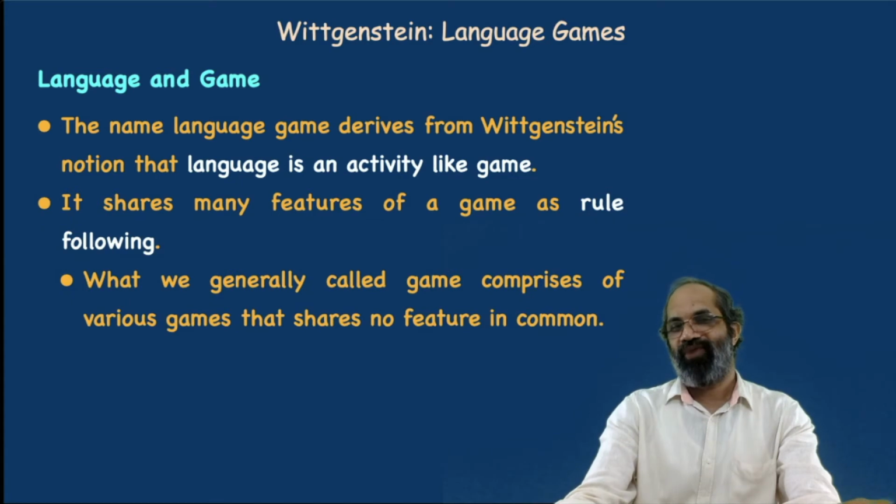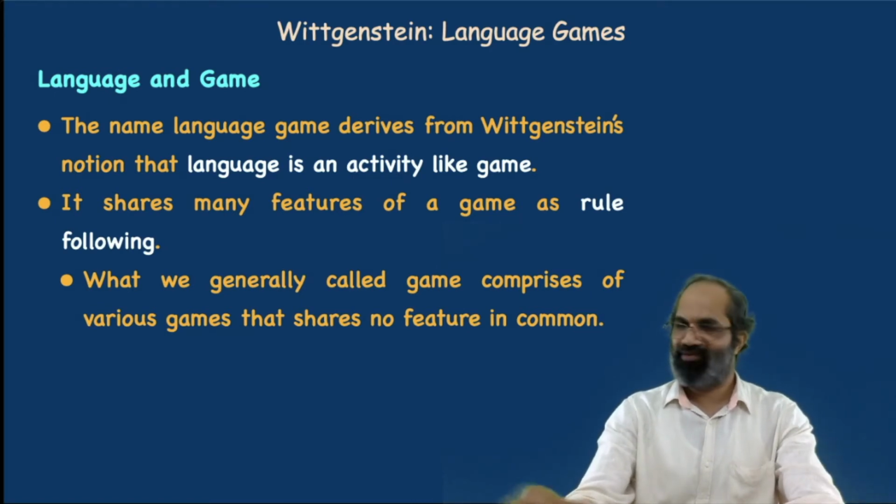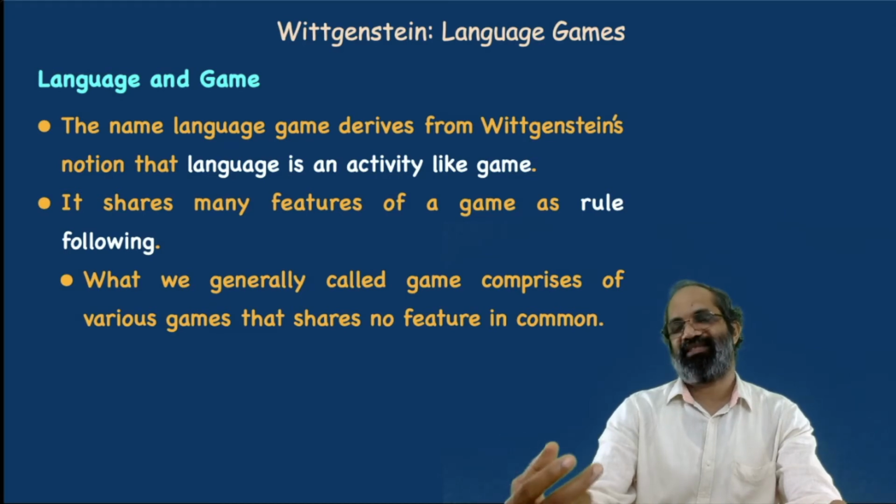Now, what we generally call a game comprises various games that share no feature in common. That's what I told. When you talk about a game or different games, there is no feature that is common for all games. If you take flowers, to call different flowers flowers, there are some elements which are common, like petals. Every flower has got petals, and a shape to some extent.